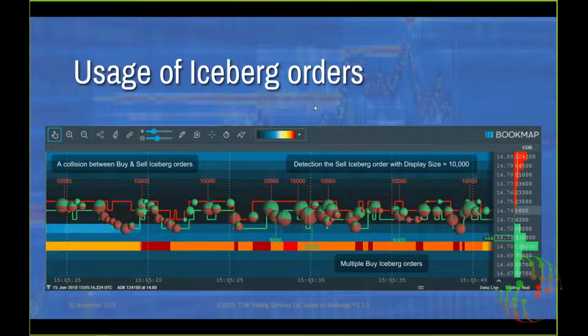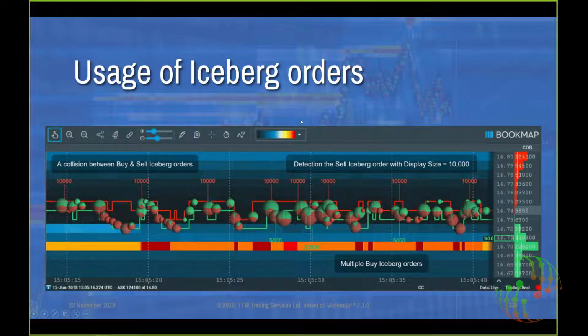The usage of iceberg orders is as described here: the indication of iceberg orders shows you that something is happening. That means the market is likely to drop when they are hitting the bids constantly. But anyway, you should know about the function of iceberg orders, how they work.